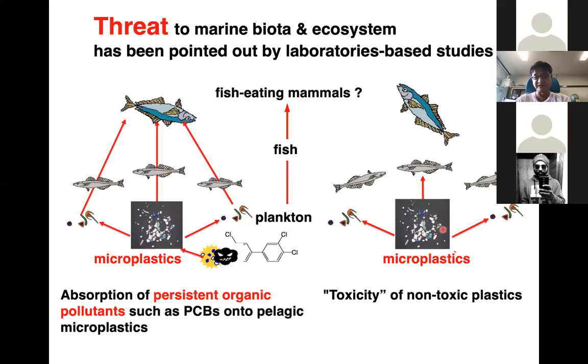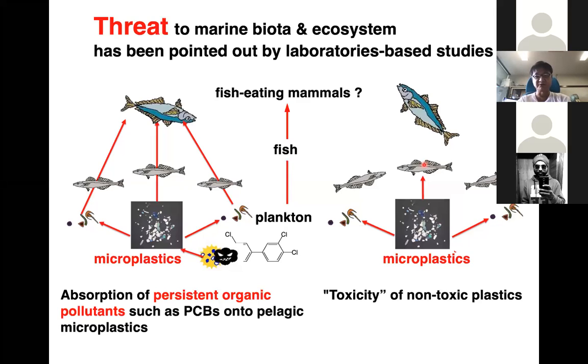Another threat is shown on the right-hand side. Plastic is not a toxic material, but if marine biota take in a huge amount of microplastics, this may change to toxicity. So particular toxicity may occur in marine biota in the actual oceans.